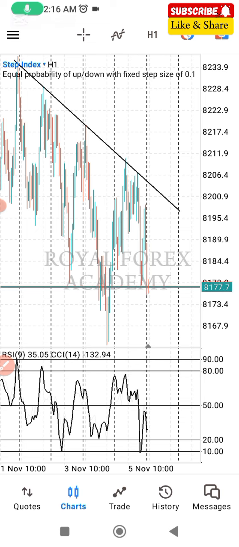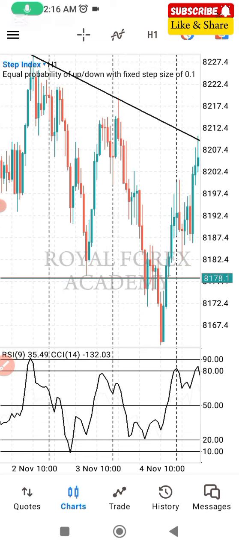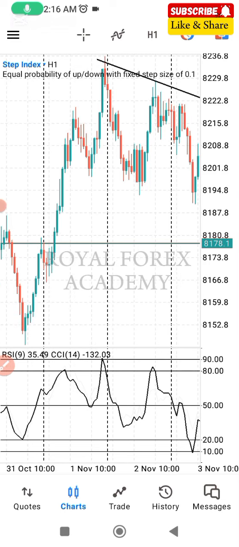So one of the ways to avoid order block failure is for you to trade it as a continuation pattern. Trade it as a continuation pattern. Okay? So let's look at this particular scenario.